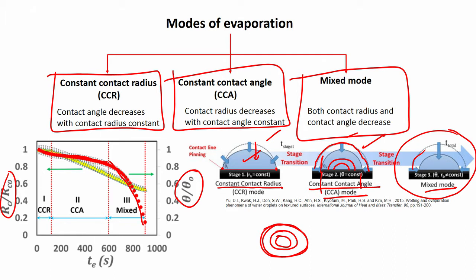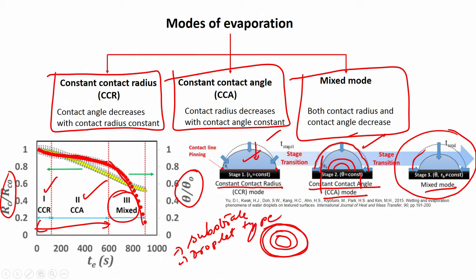You can see that in the majority of the region it is either in CCR or CCA, but there can be a portion of mixed mode as well. Now, this depends highly on the substrate, on the droplet type. So, it is very dependent on a few other parameters.